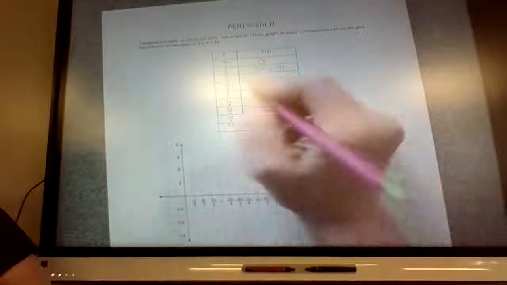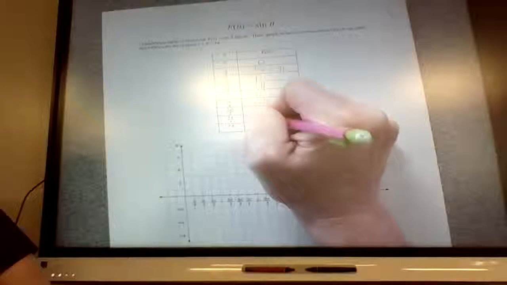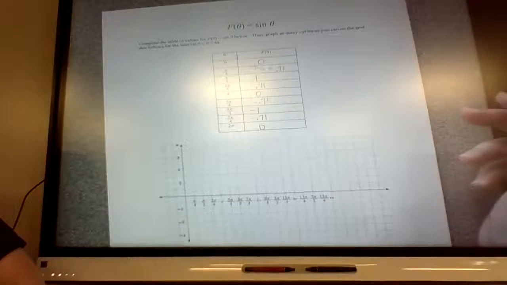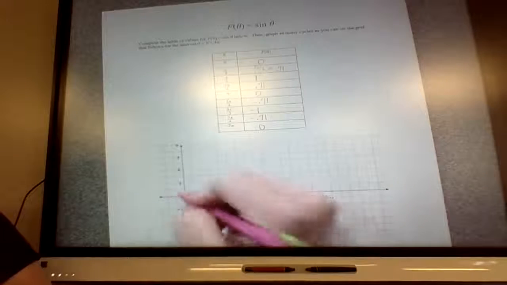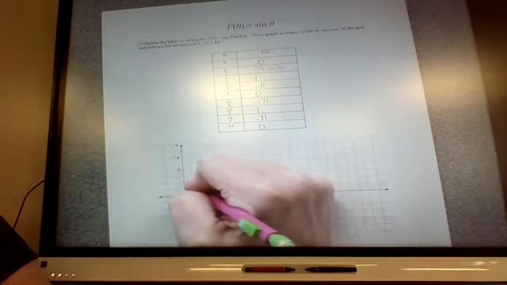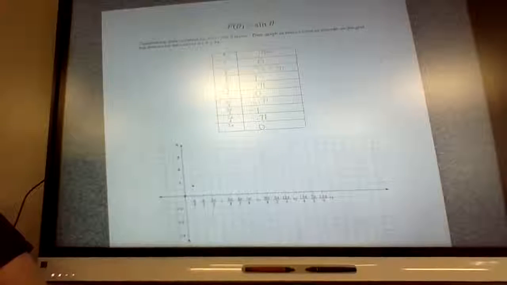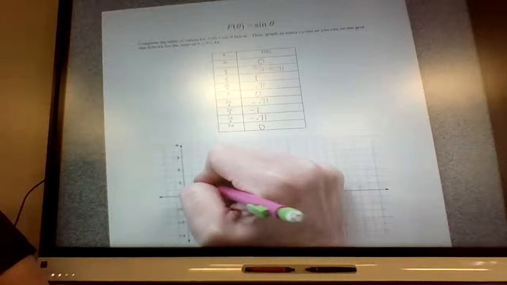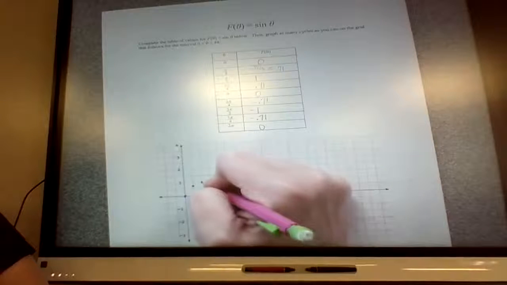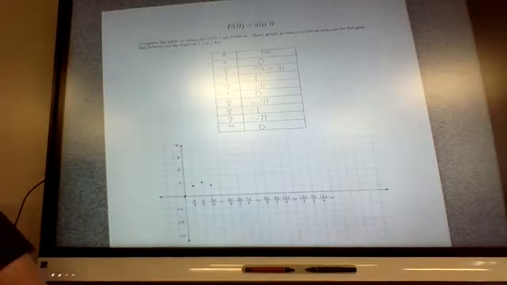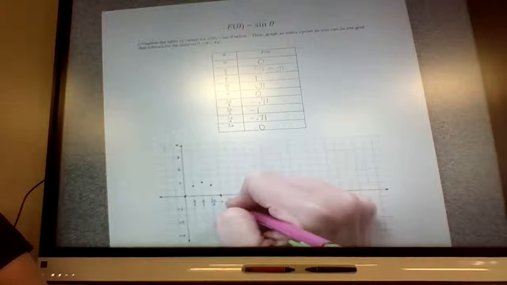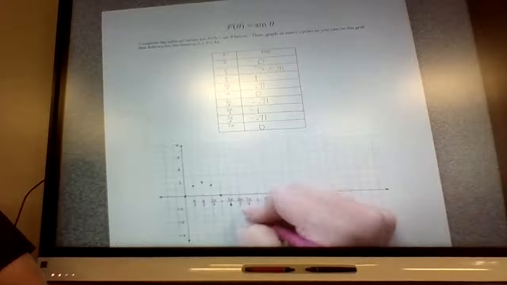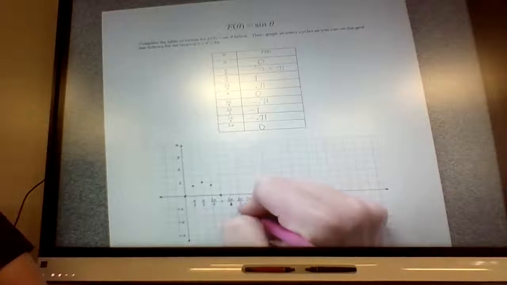Yeah, 0.71, 0. I don't know if that's crazy. So 0.71, 1, 0, negative 0.71, negative 1.